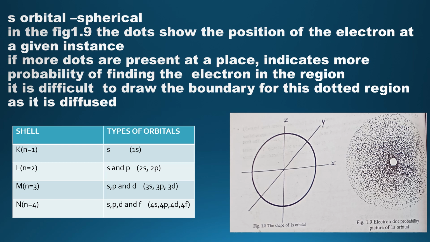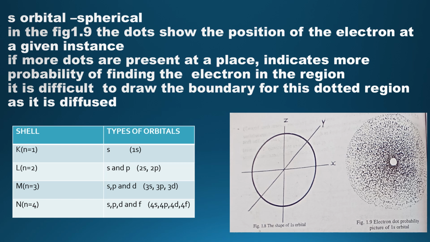The s orbital in first shell is 1s, the s orbital in second shell is 2s, s orbital in third shell is 3s, and so on. It should be noted that all s orbitals are spherical. However, 2s, 3s, 4s orbitals will have nodal regions.